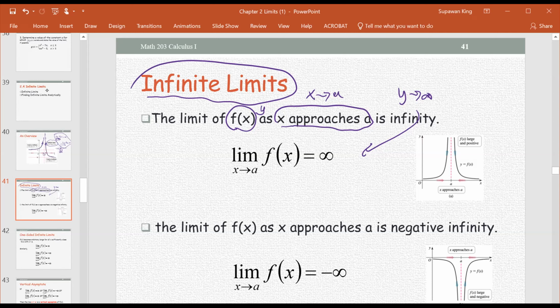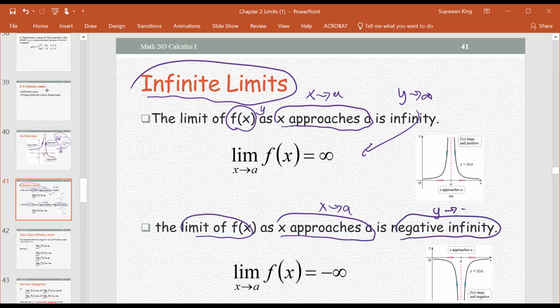Okay. All right. Similar to another case, like for the negative infinity. So in this case, the limit of f of x as x approaches a is negative infinity. That means y approaches negative infinity or goes all the way down. Keep going down, further down more and more and more.